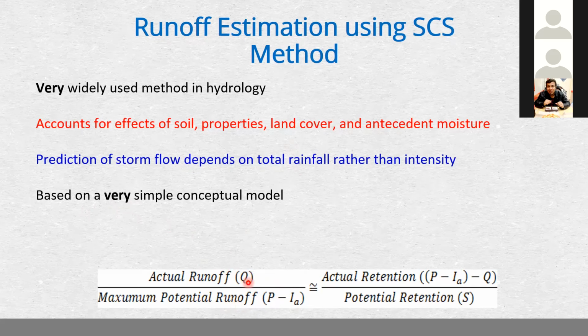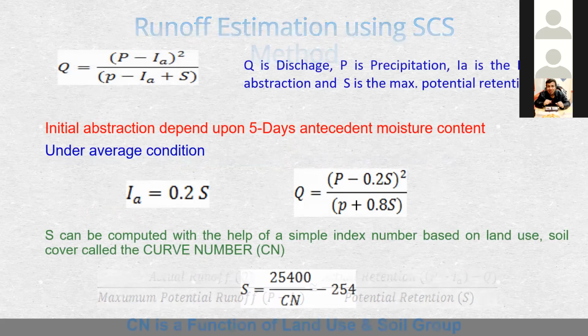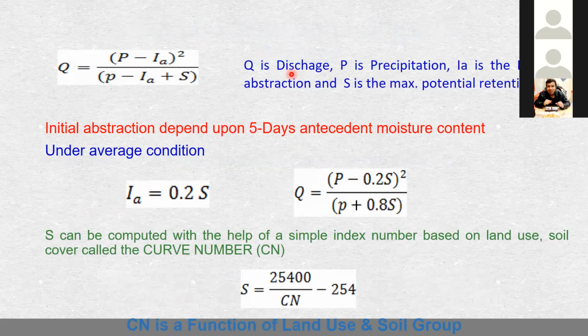In this formula, actual retention is equal to P minus IA minus Q. We will talk in the next slide about what P, IA and potential retention are. Generally Q is the discharge, which is our ultimate output. P is the precipitation, IA is the initial abstraction, and S is the maximum potential retention.